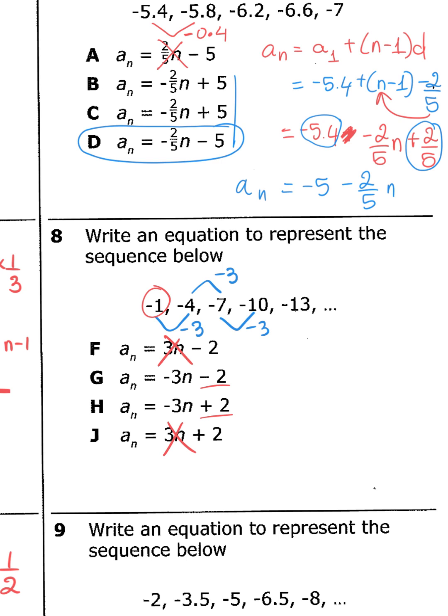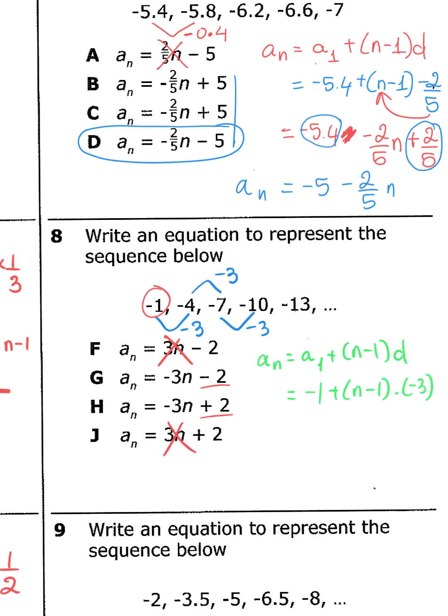Okay, so let's start with a sub n will be a sub 1 plus n minus 1 times the difference. Okay, a sub 1 is negative 1, the first term, plus n minus 1 times the difference, which is times negative 3.